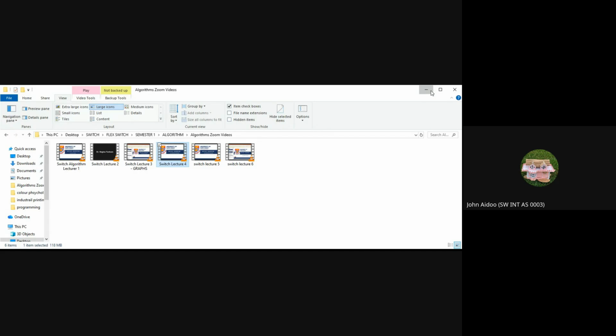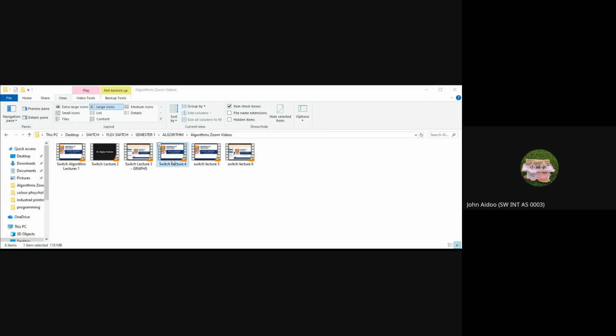How do you call it? The size. The size is 118 megabytes. You see the size here. Okay, I've seen it. 118 MB, so you can imagine.